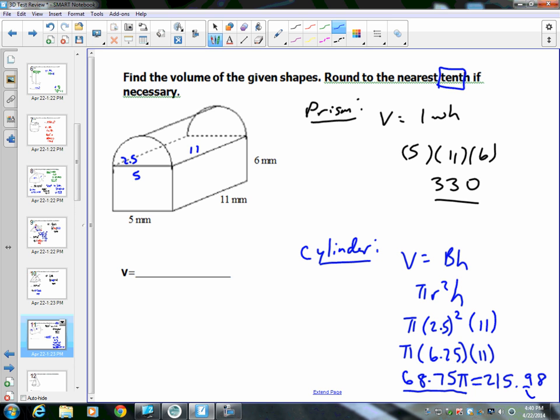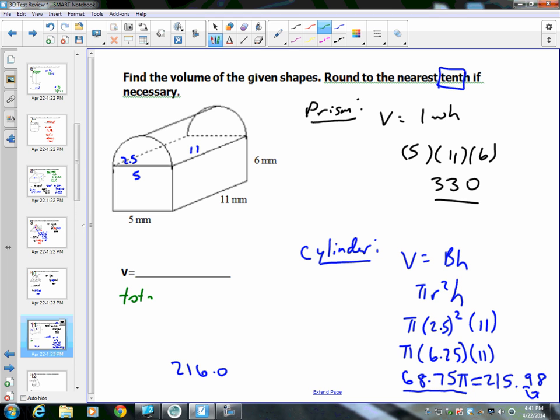Well, the number after 9 is 8, which means round up. So 9 becomes 10. So instead of 215.0, we actually need to move this up because it's 10. So 216.0 or just 216.